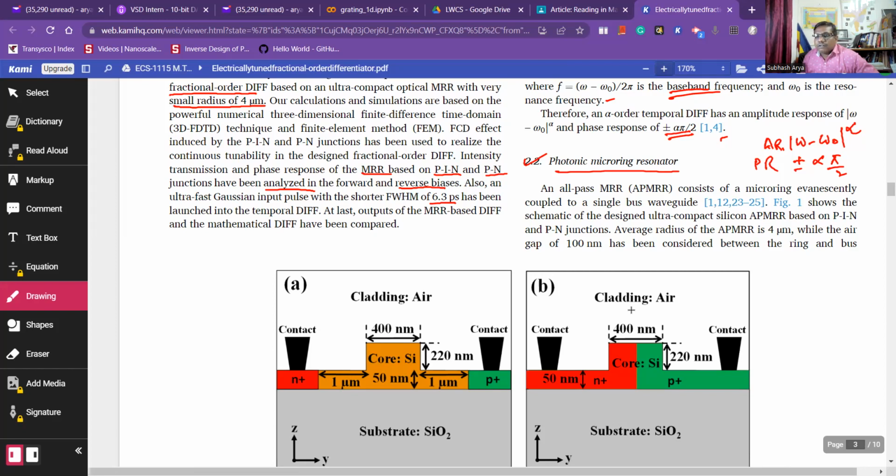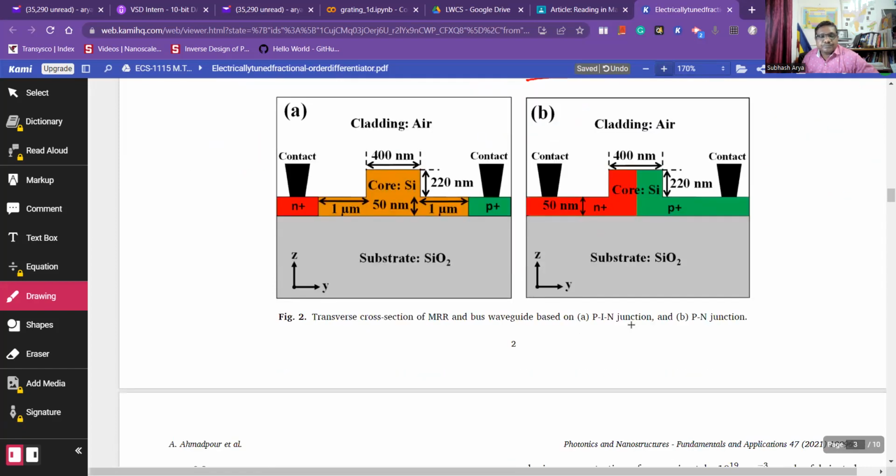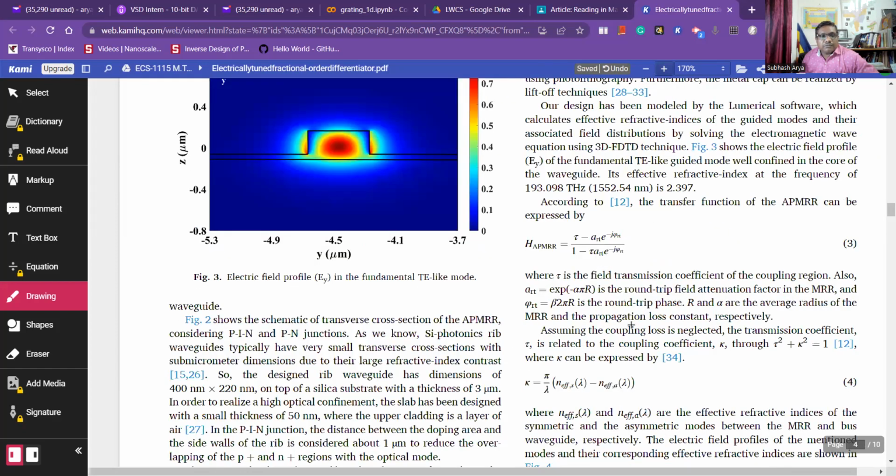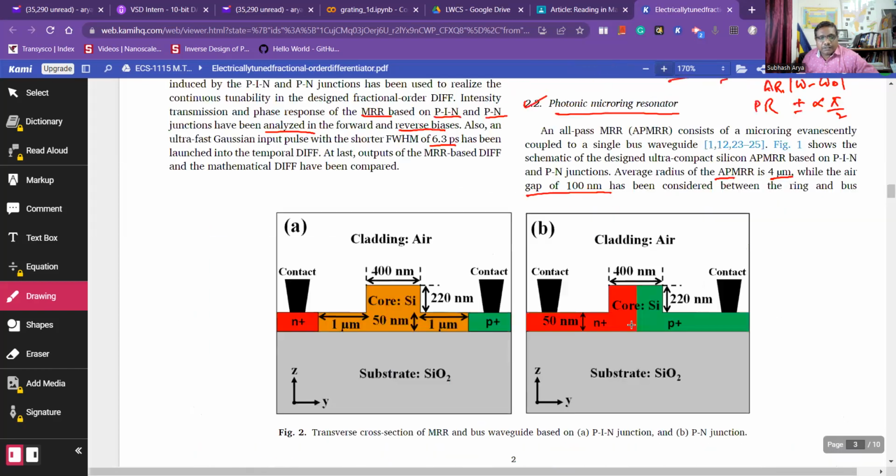Average radius of the all-pass MRR is 4 micrometer, while the air gap of 100 nanometer has been considered between the ring and the bus waveguide.